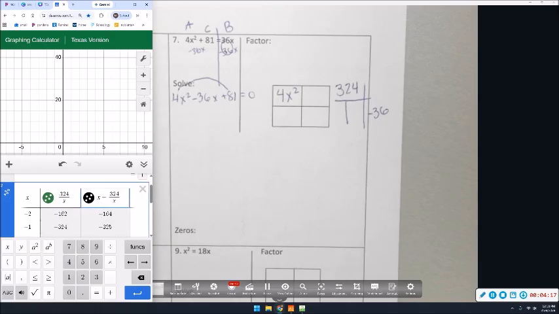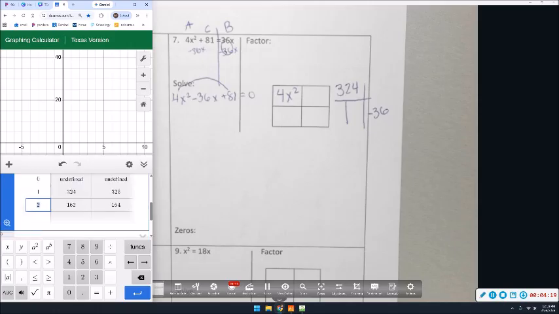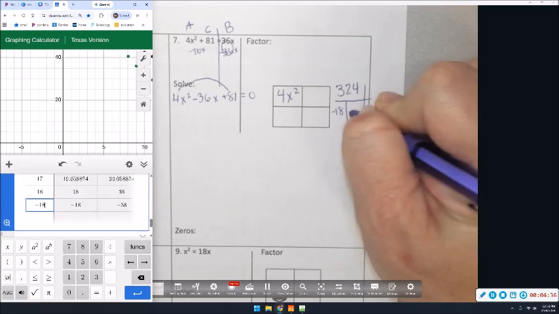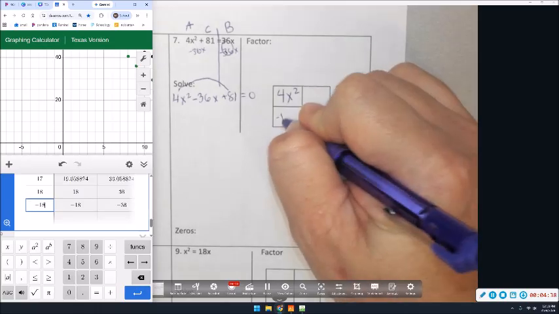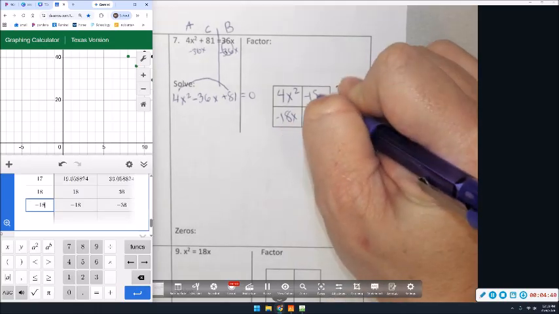And we're looking for negative 36. So if I keep pressing enter, I find positive 36 somewhere. There it is. So then I can test the opposite. So negative 18, negative 18. So we get negative 18x, negative 18x.